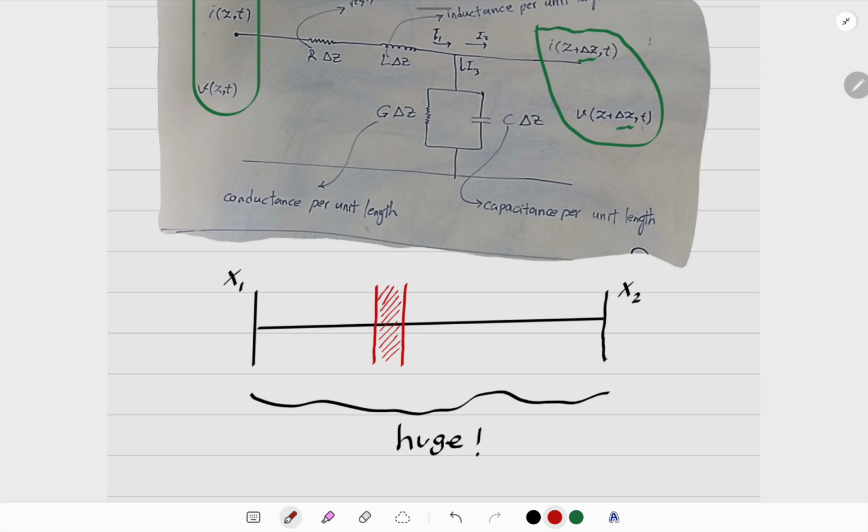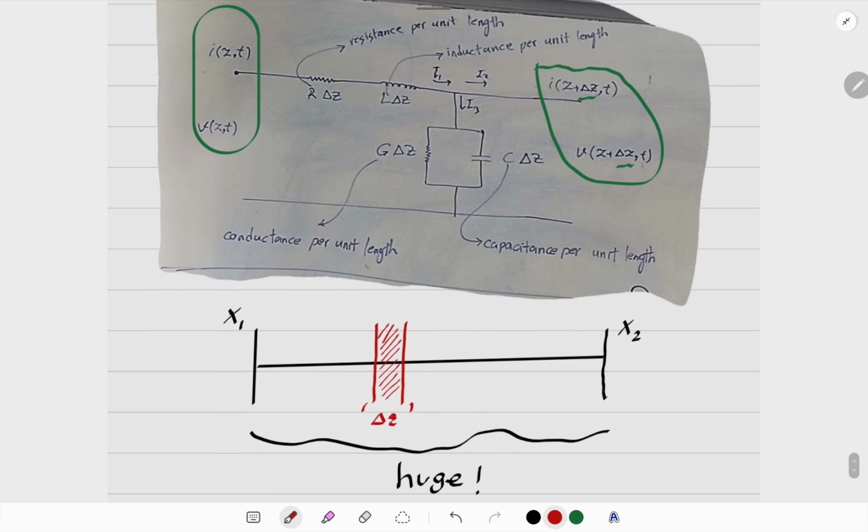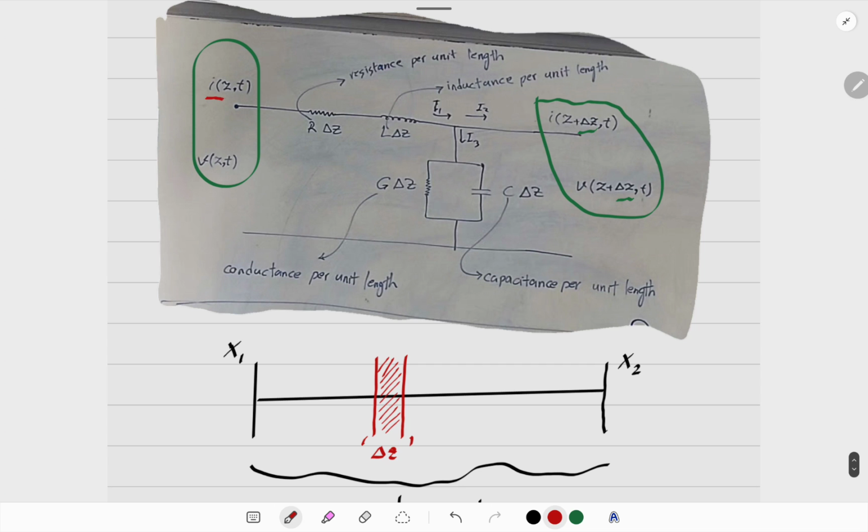The red line I just drew, we call the difference between this point and this point delta Z. This is why we see I(z,t), V(z,t), but I(z+delta z,t), V(z+delta z,t). It is why we see this difference here.